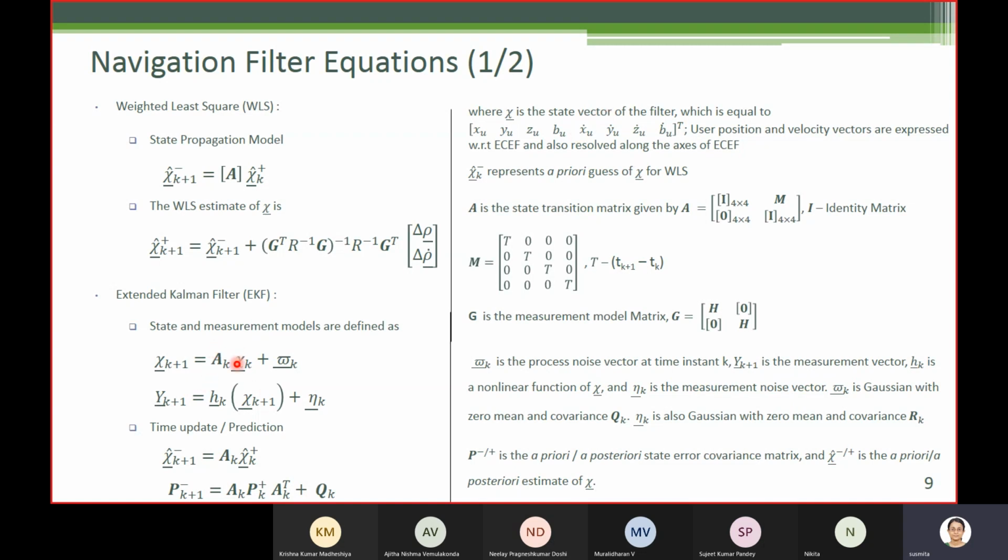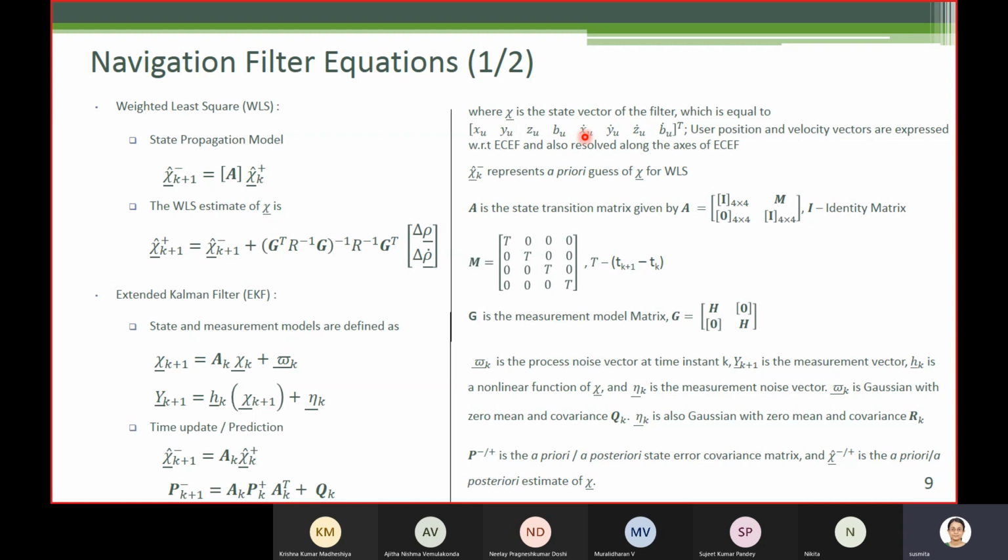Now what is this A matrix? The A matrix takes this vector from time instant k to time instant k plus 1. So it basically captures how these quantities vary with time. We use a simple kinematic model. If at some time instant k the x coordinate is xu k, what will be its x coordinate at time instant k plus 1? We know the velocity xu dot.